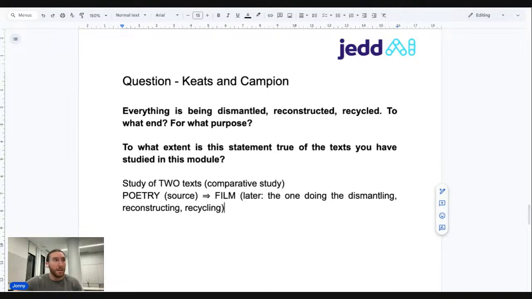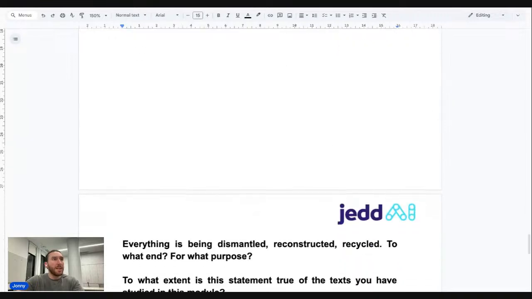Fanny Brawne, one of the important people in Keats's life, might not have had the voice that she deserved in Campion's opinion. So then she gets more of a voice in the film adaptation, right? It's not really a film adaptation, it's like a film response, but it includes a lot of references to the poetry, and it's clearly about Keats's life. Okay, cool. So there's going to be some transformations.